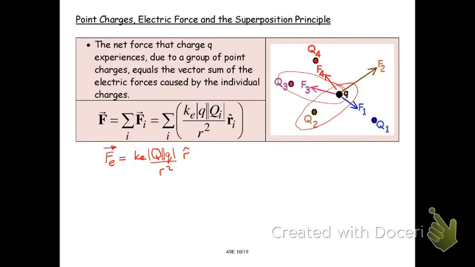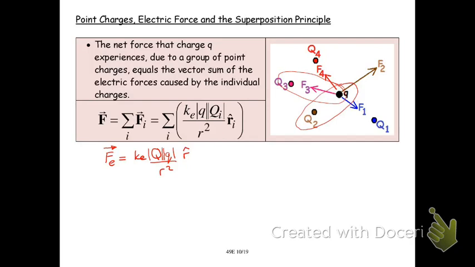As far as the one we're interested in, as Q is concerned, Q has two interactions which combine. But it's not that because F3 occurs, F2 somehow gets diminished. F2 is F2 because of the interaction between Q and Q2. It never changes.